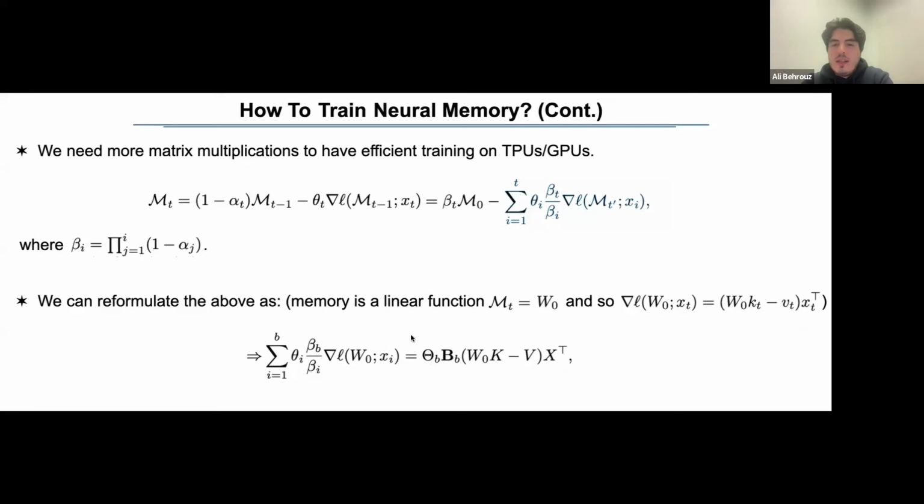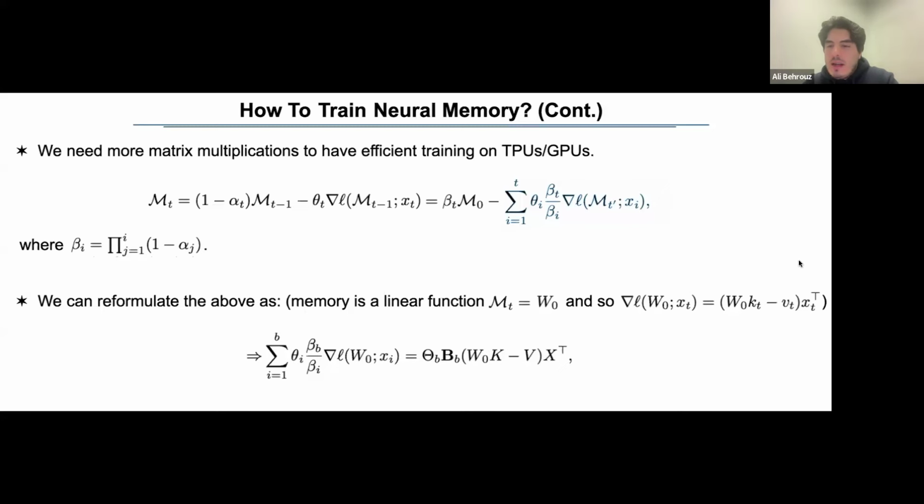Theta b is a diagonal matrix such that its diagonal elements are theta i's. Similarly, b is a diagonal matrix such that its diagonal elements are beta t over beta I. So this matrix multiplication would be the Hadamard multiplication, because both of them are diagonal, and it can model this term, theta I times beta t over beta I.